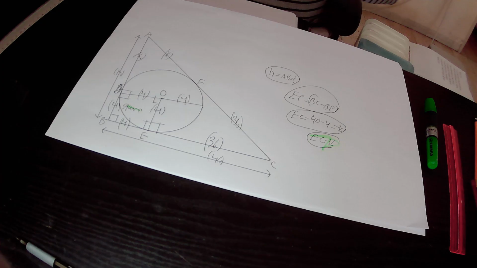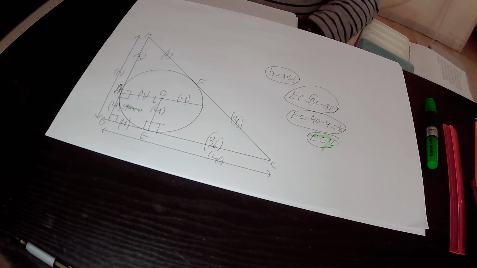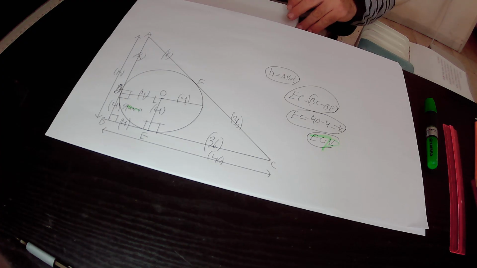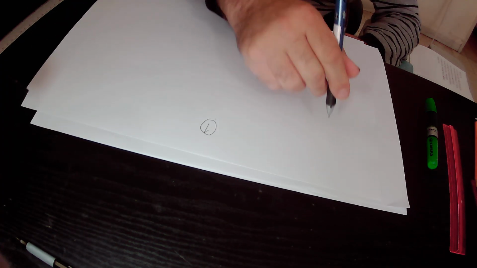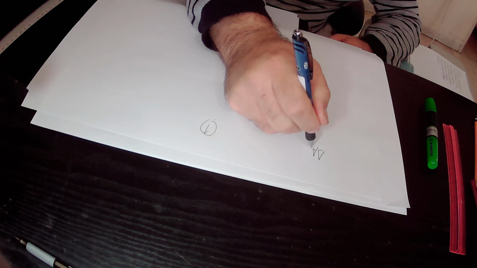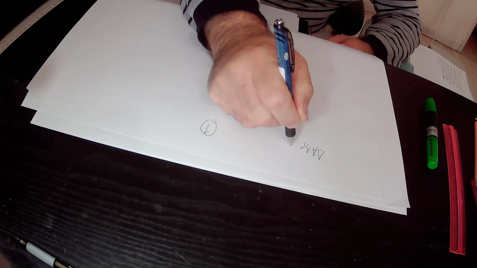In the next step, we will implement the Pythagorean theorem on this big right angle triangle ABC. According to the Pythagorean theorem, in any right triangle, the square of the hypotenuse equals the sum of the squares of the perpendicular sides.